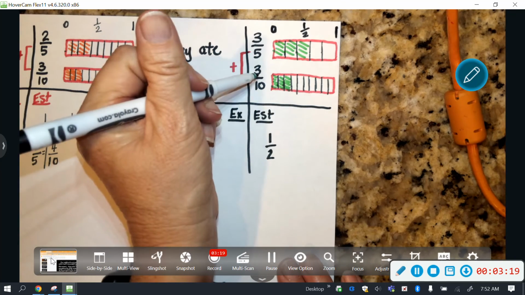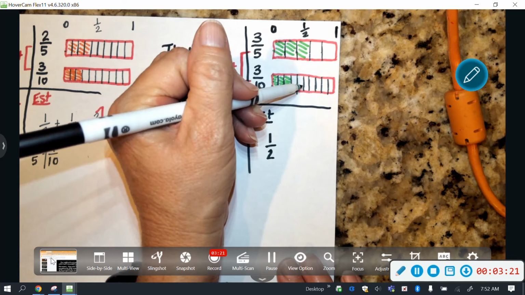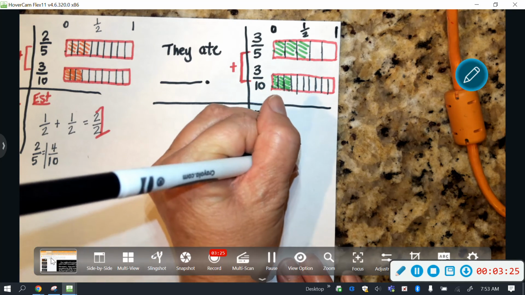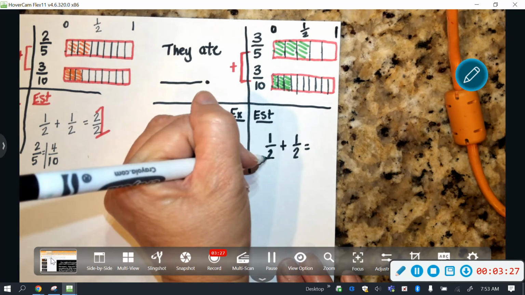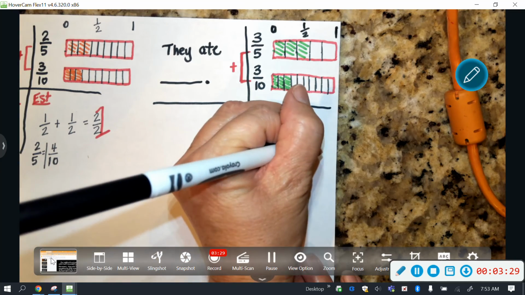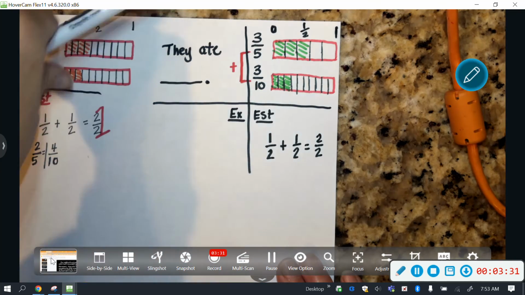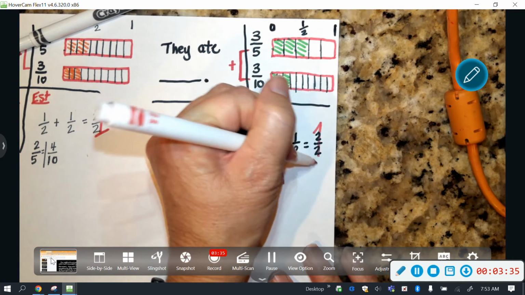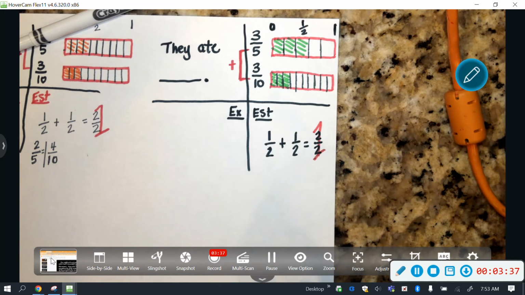And when I look at 3/10, it's on its way to being a half as well. So I'm going to keep that fraction at 1/2. So when I have a half plus a half, I get 2 halves. And another name for 2 halves is the number 1 whole. So again, this answer is being estimated to 1 whole.